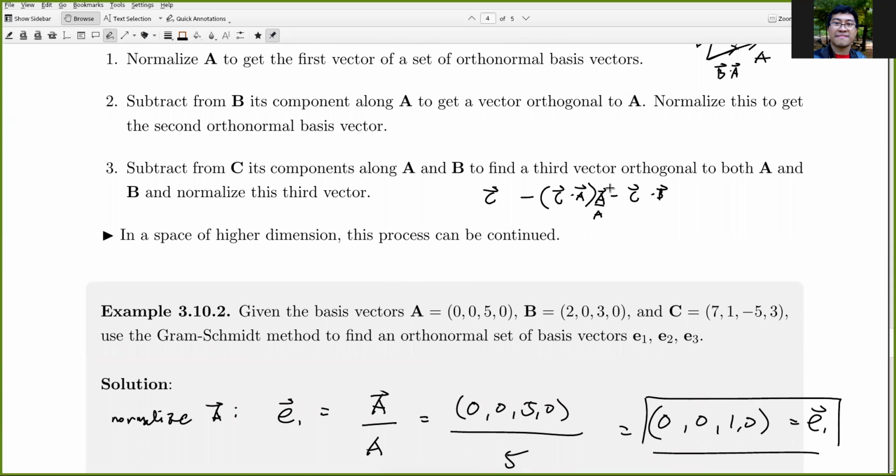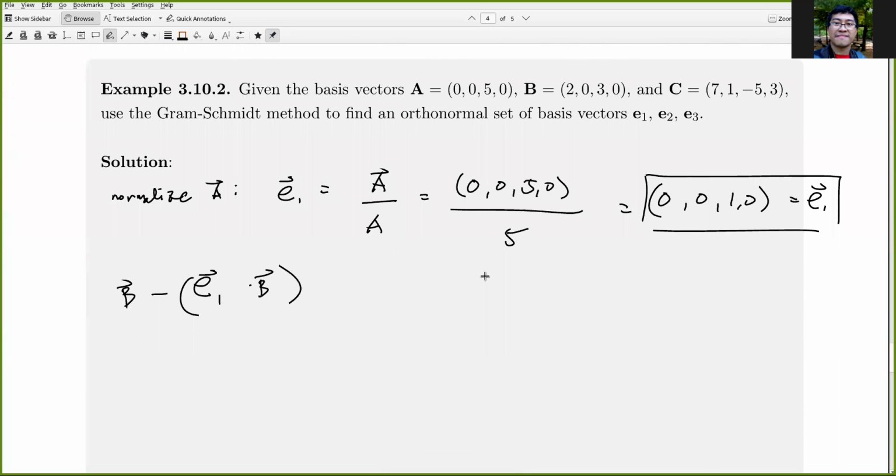I will normalize this so that you simply get the direction, and here you use the direction of D. Just to be clear, here we're only using the normalized form, so we simply multiply this by E. Then this would be B minus E1 dot B, that would be 3 E1.